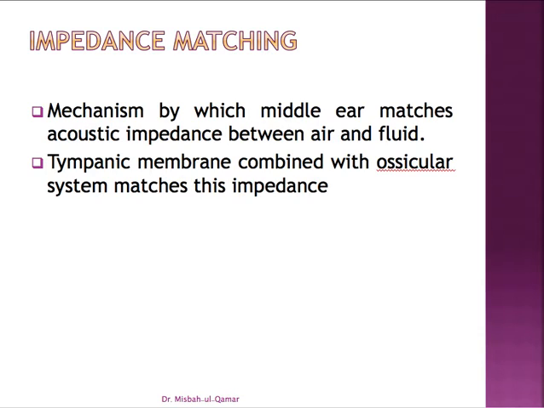Impedance matching is a mechanism by which the middle ear matches the acoustic impedance between air and fluid, and it maximizes the flow of energy from air to the fluid of the inner ear. And it has to be done because the fluid has far greater inertia than the air does, as I told you earlier.